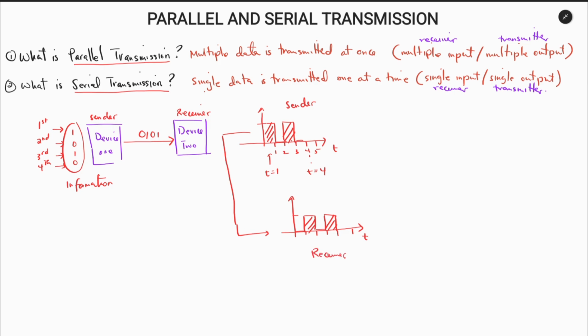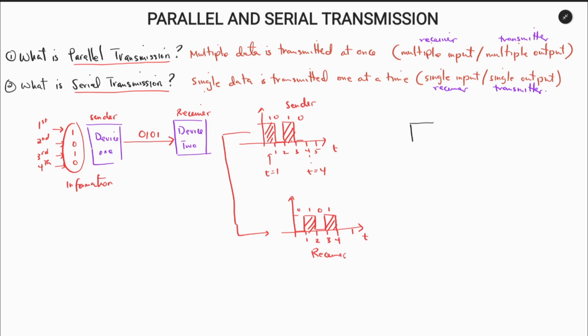If the data is plotted graphically, after 4 seconds the data will be represented in that manner. This is our 1010, and it is transmitted as per the time in a synchronous mode. Therefore we have 1010 at the receiver end.